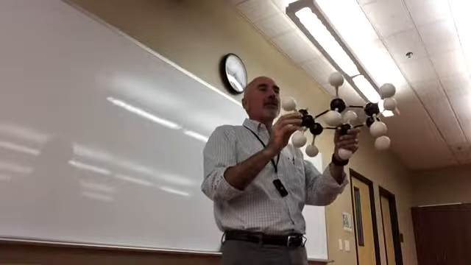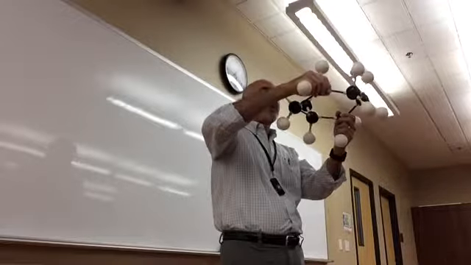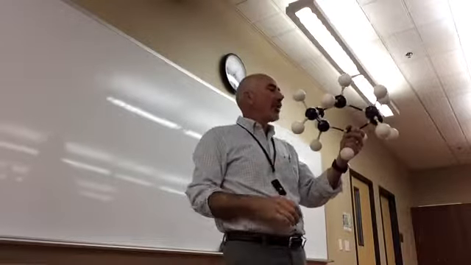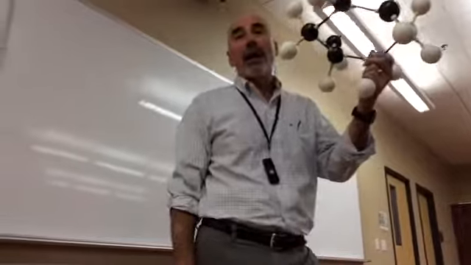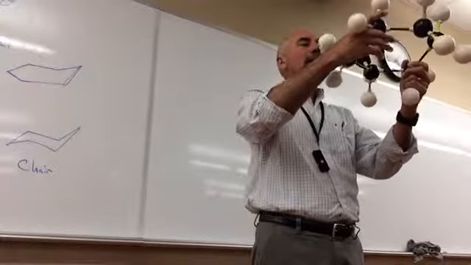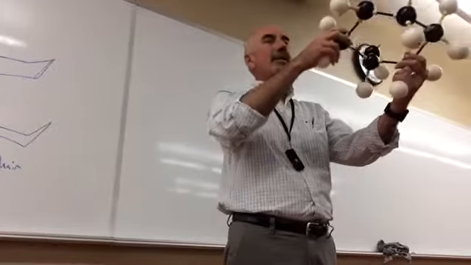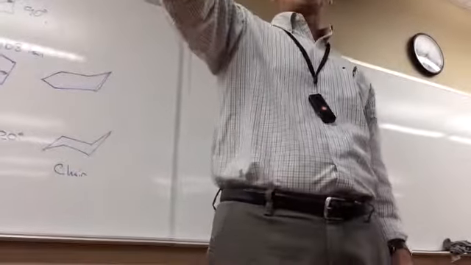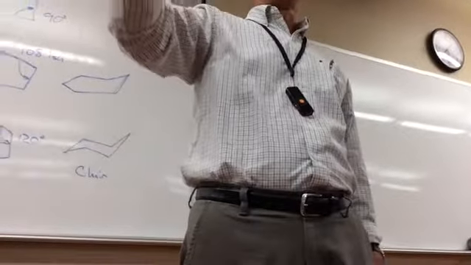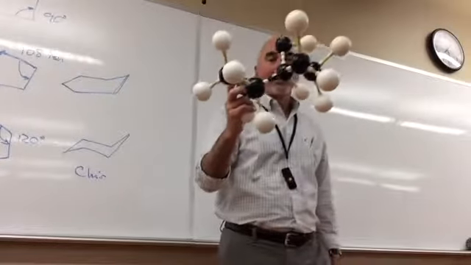So if I take this and I push one of them up and one of them down, kind of do that with yours there. And if you want to throw a few hydrogens on there, go for it. If you push one up and one down, now what happens to my hydrogens right there? They become staggered.